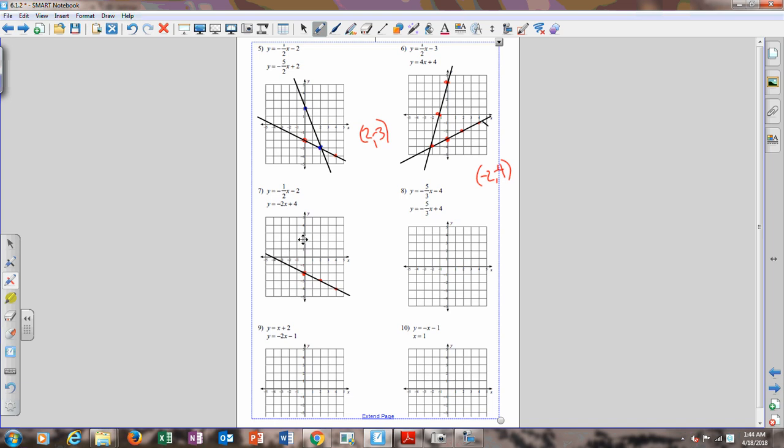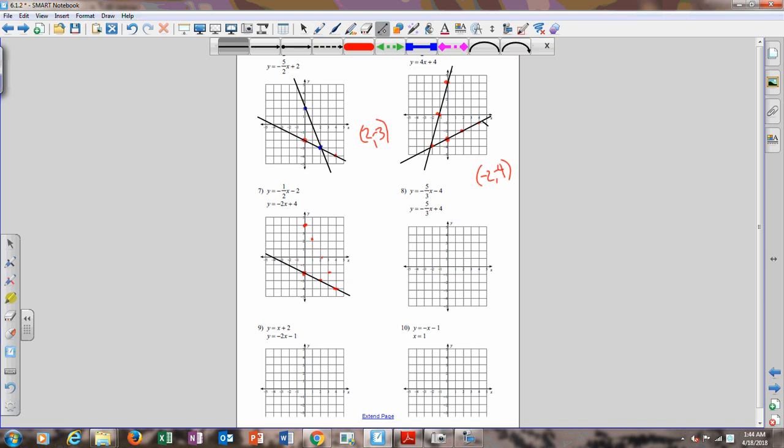Second line, negative 2x plus 4. Up 4, go down 2, right 1. Just like that. Those intersect at the point (4, -4).